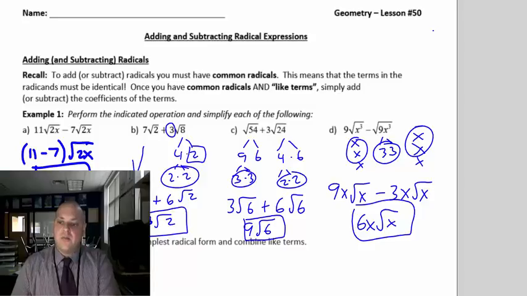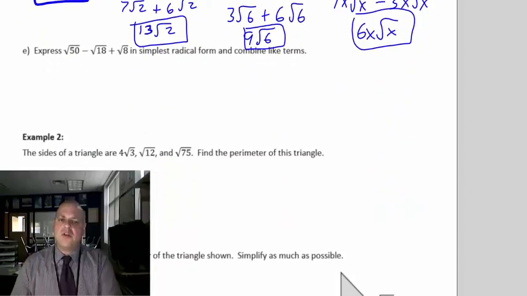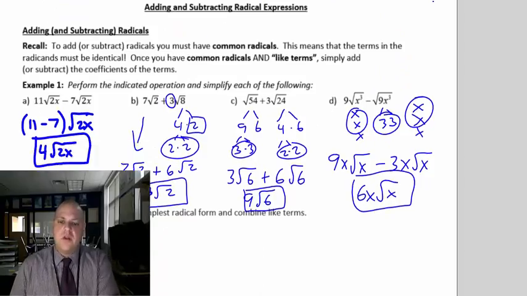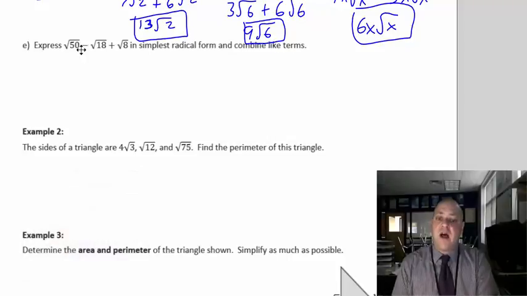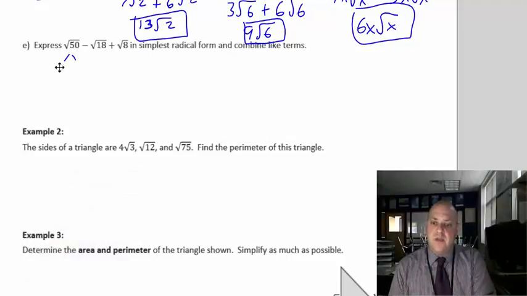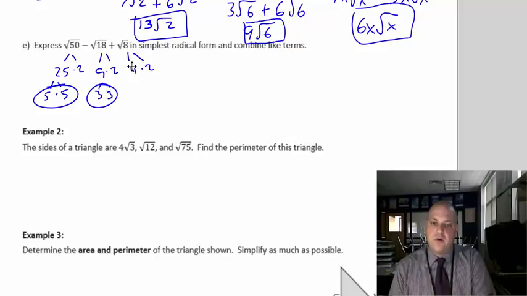Now, this is more what you're probably going to need to be able to do, which is combine more than 2. So I have 3 of them, so we're just going to get the same radical for all of them if possible. So 50 is going to be 25 times 2, 5 times 5, and then 18 is 9 times 2, and then 3 times 3, and then 8 is 4 times 2, 2 times 2.